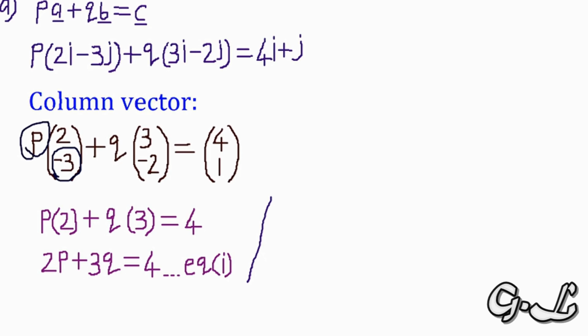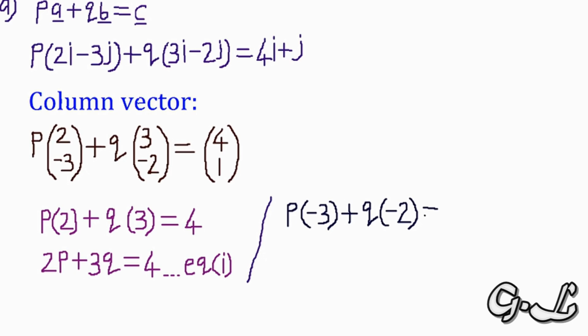So we're going to say P open parenthesis -3 close parenthesis plus, and then Q is going to be multiplied by the term which is down, in such a case -2. And then the equal sign is going to be maintained like that, and then there we have 1.